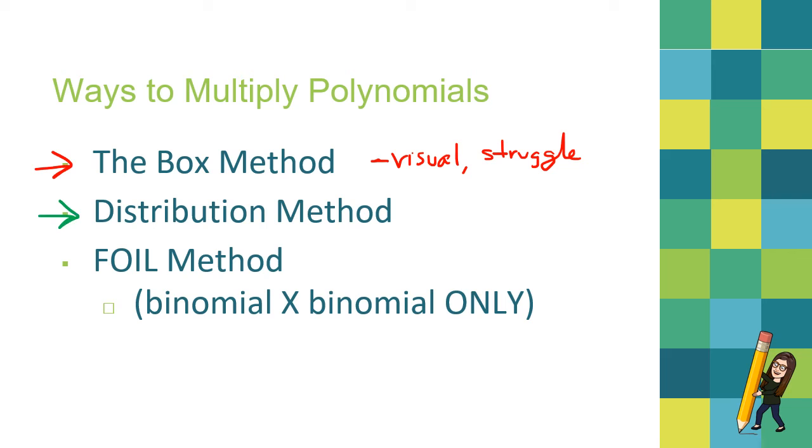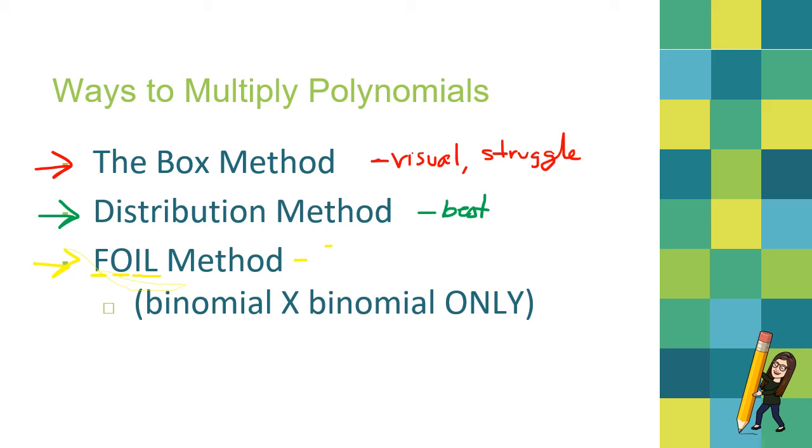Distribution, I'm going to give it a green arrow. This is, dare I say it, the best option because distribution can carry over into so many more types of mathematical problems. And the FOIL method would be the in-between option. FOIL stands for first, outer, inner, last. So I'm going to write that out.